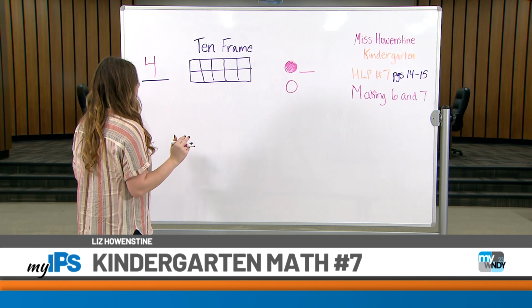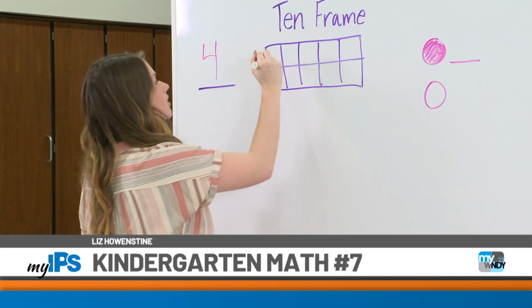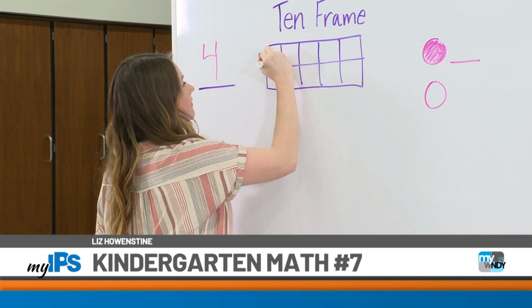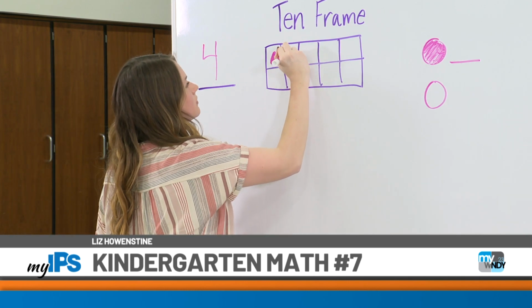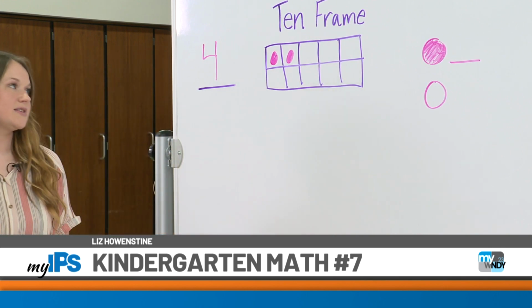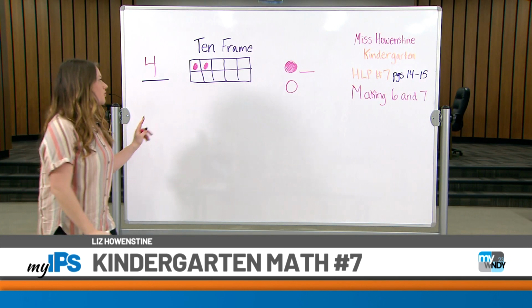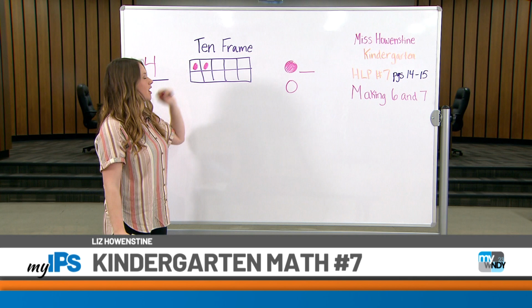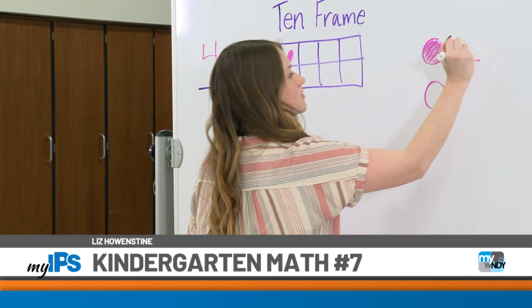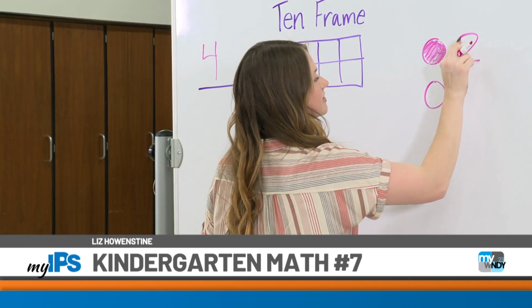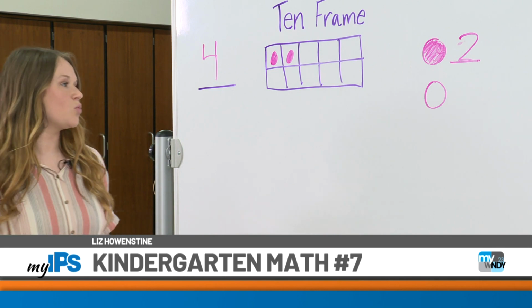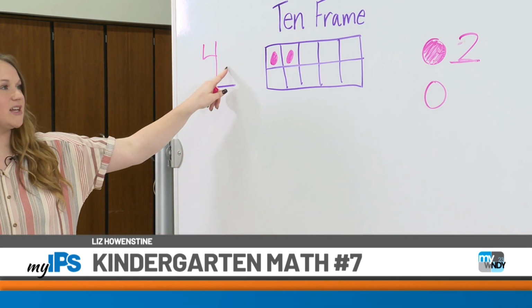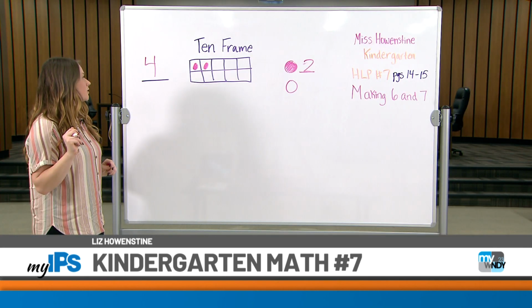So we're going to make the number 4, and I have 2 circles in the 10 frame already. So that's 2, I have 2 of our colored in circles. So that's what you're going to write next to here. And then we need to know how many more do we need to get to 4.